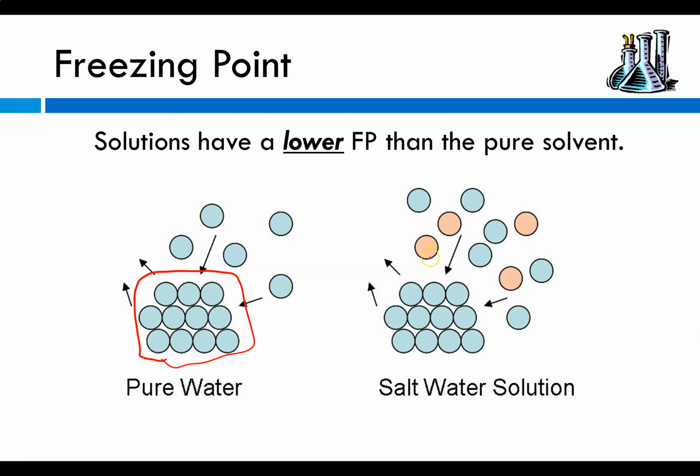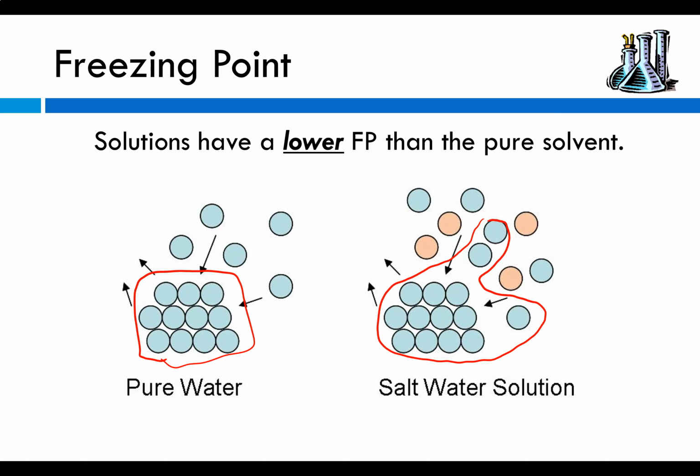As soon as we throw something like salt particles in the solution, we've increased the entropy of the system. Now we've got to get to temperatures that are cold enough where the solvent particles are able to come together to form the solid, but the solute particles are left out. If you were to go to someplace with an iceberg, maybe like Antarctica, and you were able to chip off part of the iceberg and eat it, you'd actually find that it is not salty.